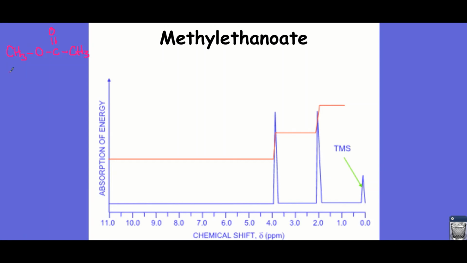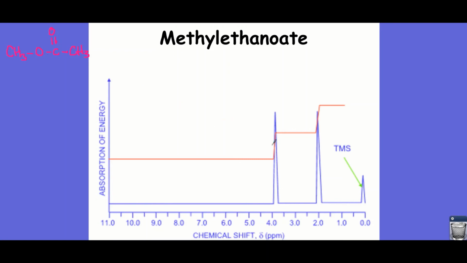So we've got hydrogen atoms in 2 different regions. We've got hydrogen atoms attached to a carbon next to an oxygen as part of the ester link. And here we have hydrogens attached to a carbon that is part of a carbonyl group.